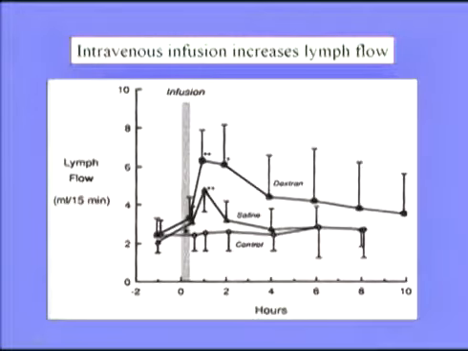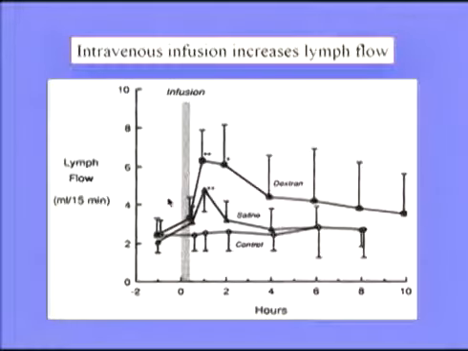And that indicates, as we said before, that whenever you raise the capillary pressure, fluid moves out of the capillary. You can see that the increase lasted much longer for dextran than for saline, and that's because when the saline was infused, it very quickly moved out of the circulation into the interstitial fluid, whereas dextran, having a much larger molecule, remained in the circulating blood volume for a much longer time.